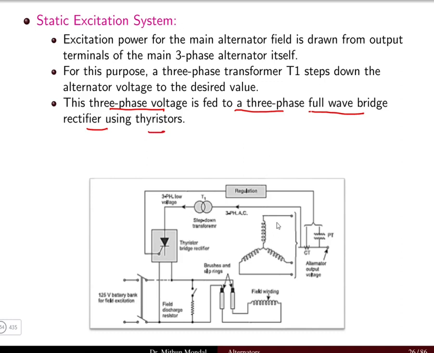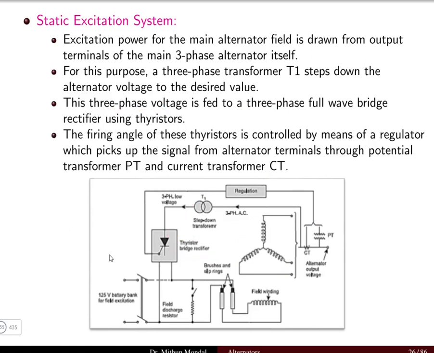So here we can see that this is the alternator. The output of the alternator is given through the step-down transformer, which steps it down to the desired value, and it is given to a thyristor bridge rectifier so that we convert it into a DC supply. The firing angle of these thyristors is controlled by means of a regulator which picks up the signal from the alternator terminals through the potential transformer and the current transformer.